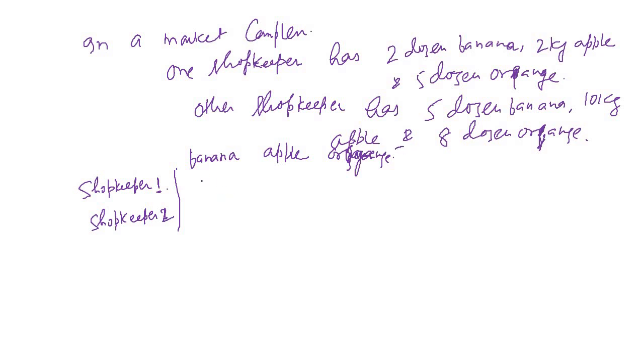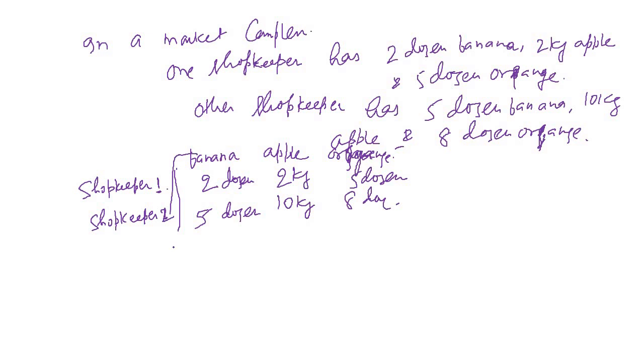You see here shopkeeper 1 has 2 dozen banana, 2 kg apple and 5 dozen orange. Similarly, shopkeeper 2 has 5 dozen banana, 10 kg apple and 8 dozen orange, and just simply put this type of bracket. This information is easily converted into matrix form.